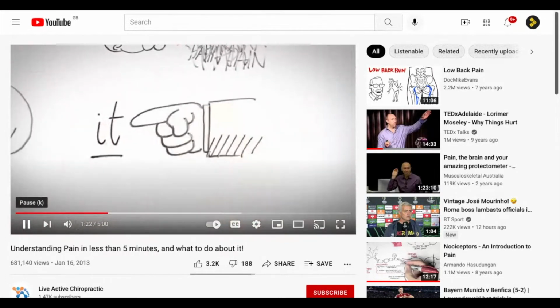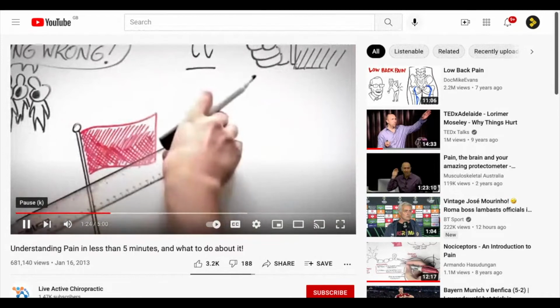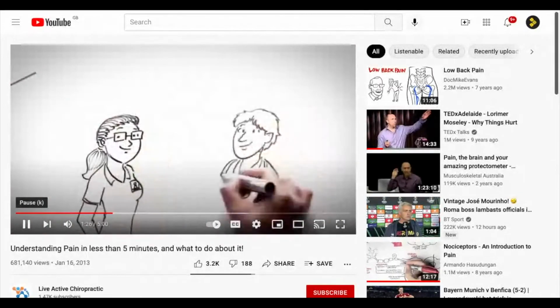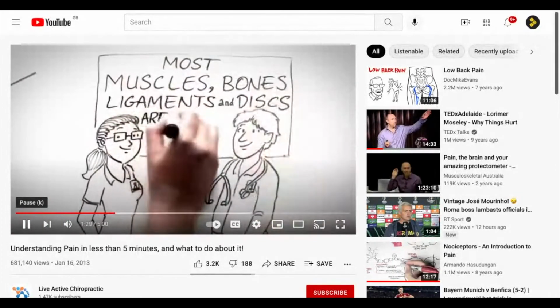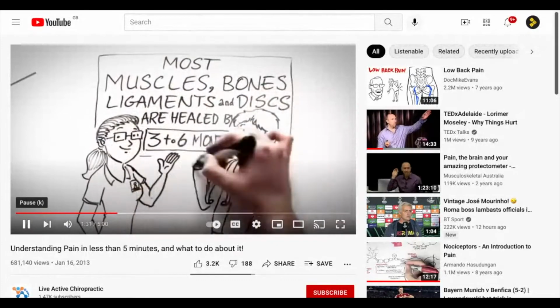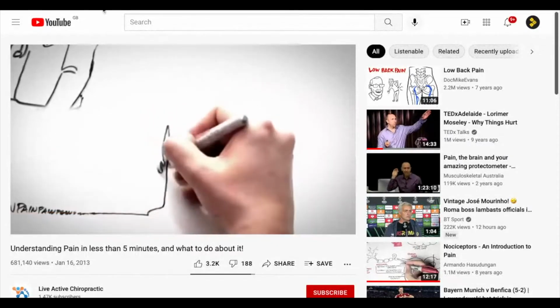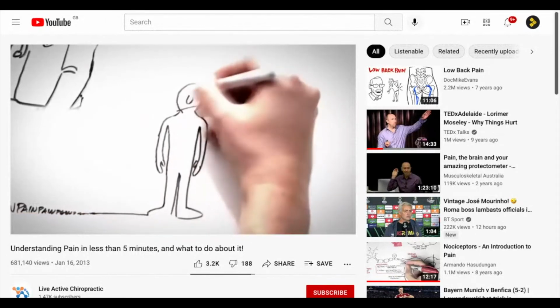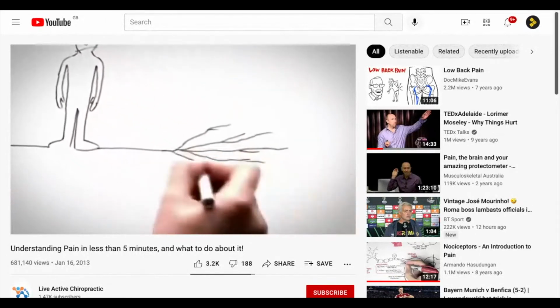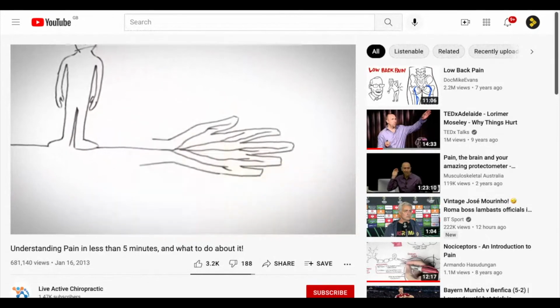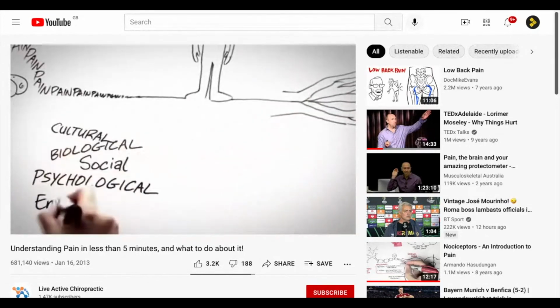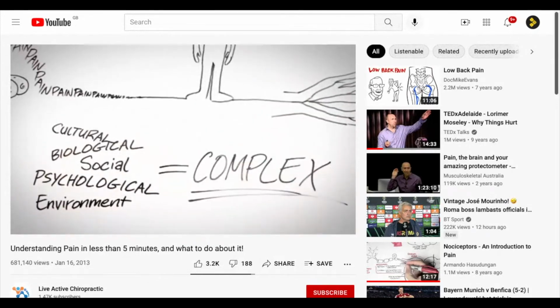But that's just it. Once anything dangerous is ruled out, health professionals can explain that most things in the body are healed, as well as they can be, by 3 to 6 months. So ongoing pain being produced by the brain is less about structural changes in the body and more about the sensitivity of the nervous system. In other words, it's more complex.